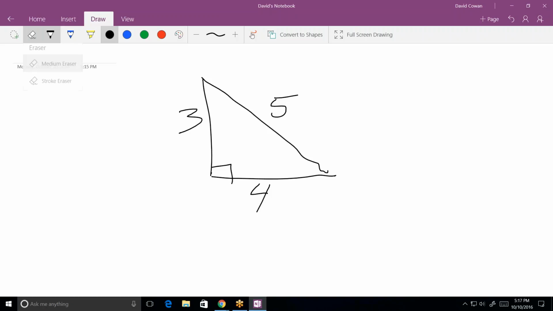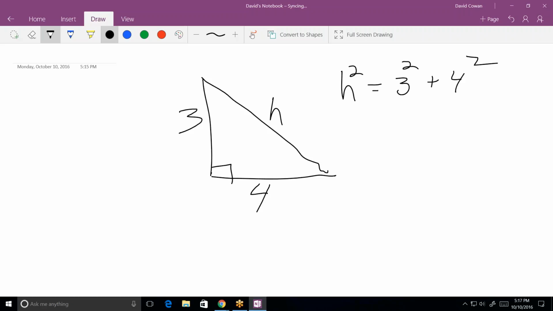So even though I might choose to solve this problem by writing it out algebraically, if that's the hypotenuse, I might say h squared equals 3 squared plus 4 squared, which gives you h squared equals 25. It's true that h is equal to plus or minus 5, but the negative one I throw away.